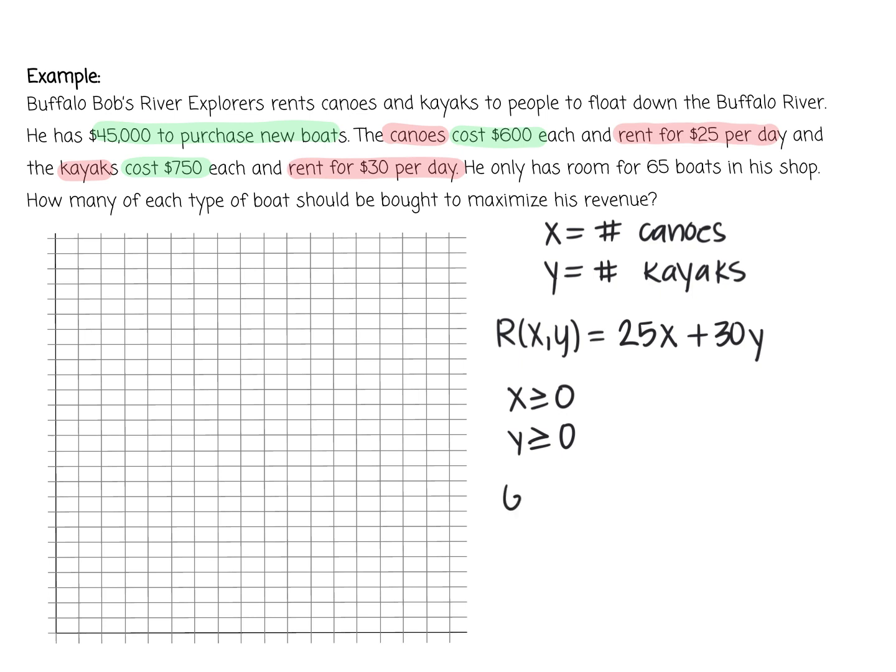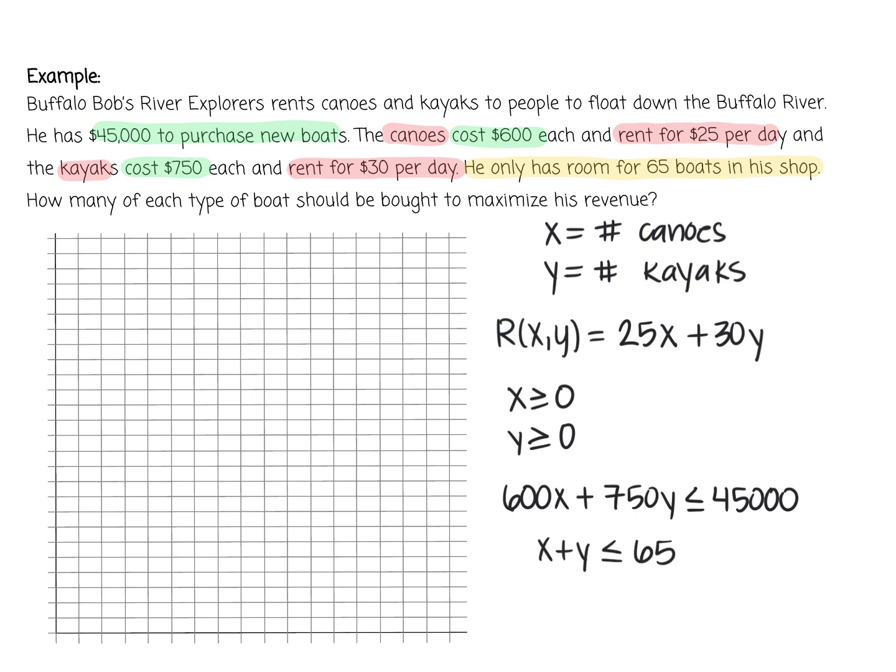So that tells me 600x plus 750y has to be less than or equal to 45,000. Lastly, we know that he only has room for 65 boats in his shop. So that tells me that x plus y has to be less than or equal to 65.